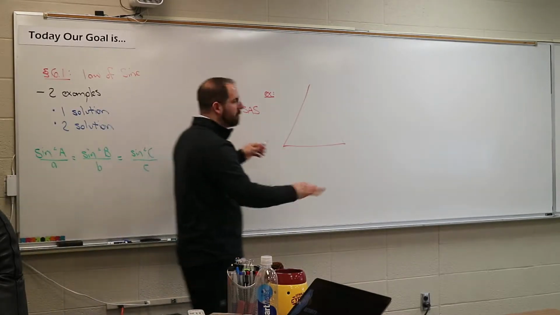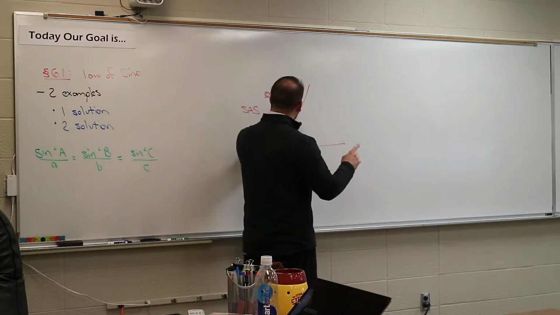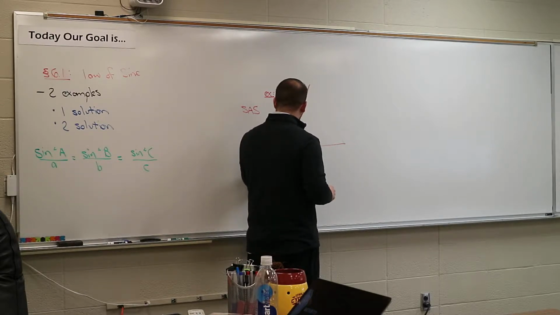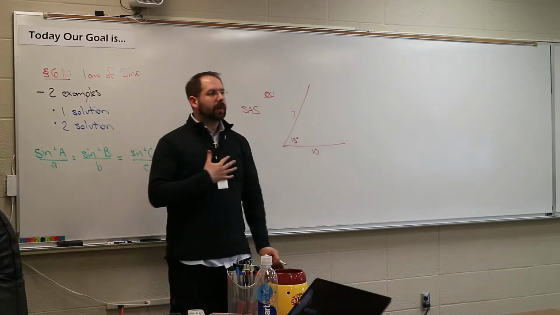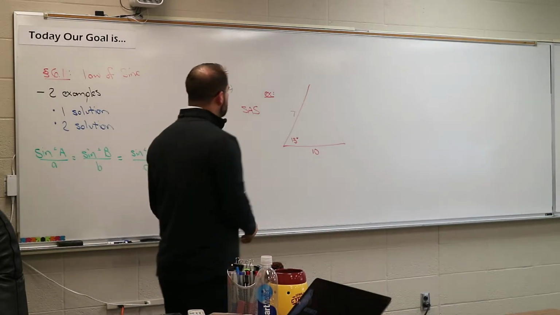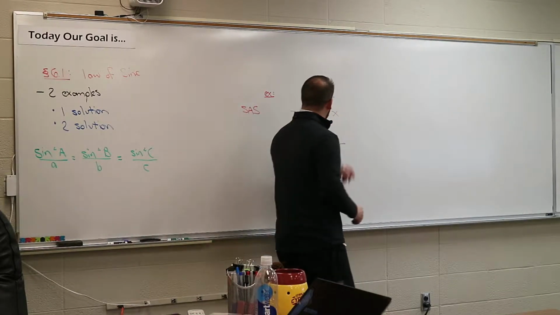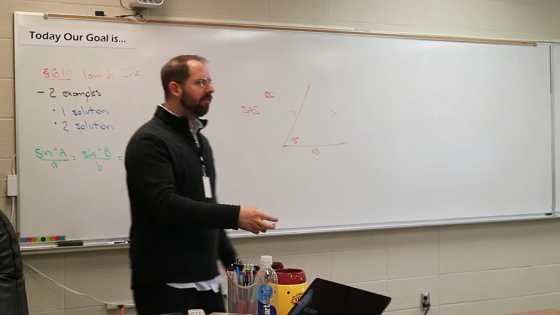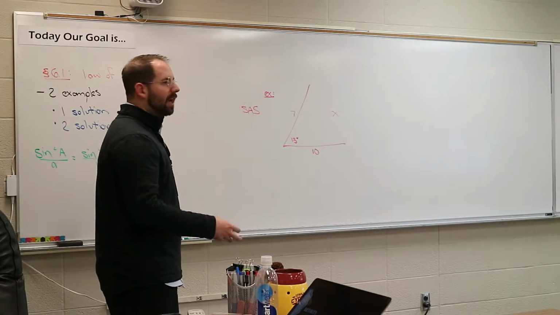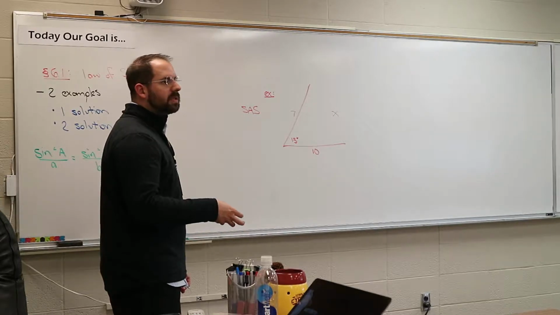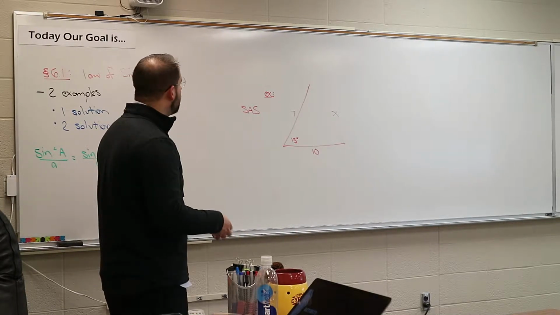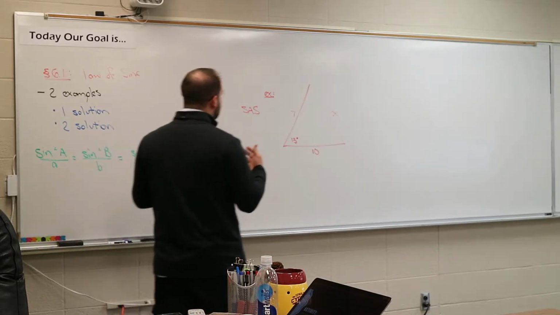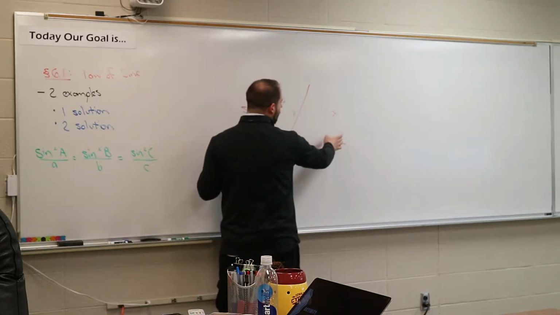Okay, so I'm just going to make up numbers and then we'll get to actual examples today. This is something we're going into later. 7, 10, 13. Okay. Let's say that this is our setup, and I want to find missing parts like this one. And the problem is when we have this, you don't have enough information to actually solve it. There's not enough in there that you can use. We need an angle for something. We don't have the angle that's across from 10 or the angle across from 7.